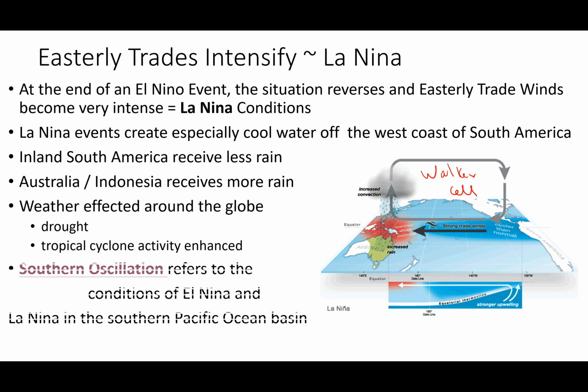So what happens is they end up alternating between El Nino and La Nina. So I said 3 to 7 years for this? I think this is even a little shorter. 3 to 7 years, excuse me, for the El Nino. I think it might be 3 to 5 for the La Nina.